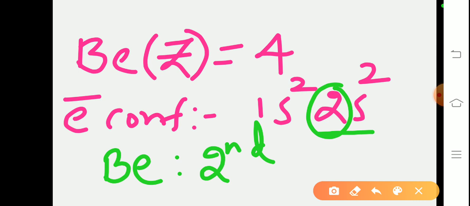Got it? You can also compare this with the nlx method. n is equal to 2, the second main shell. So beryllium belongs to the second period.